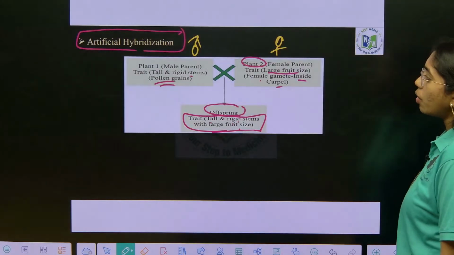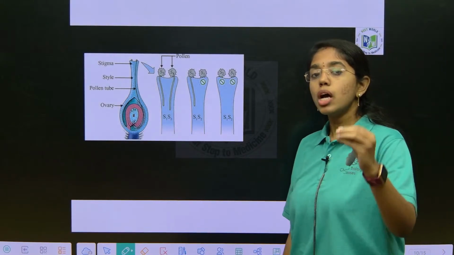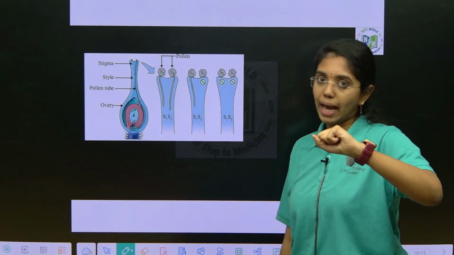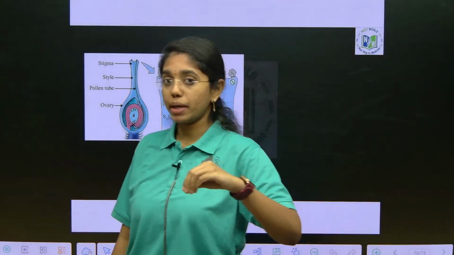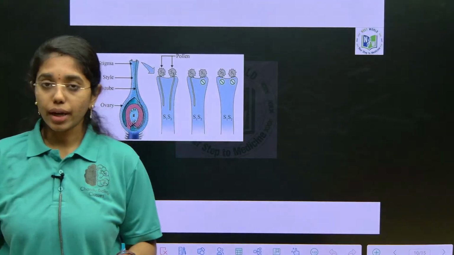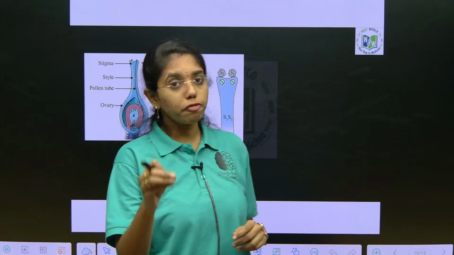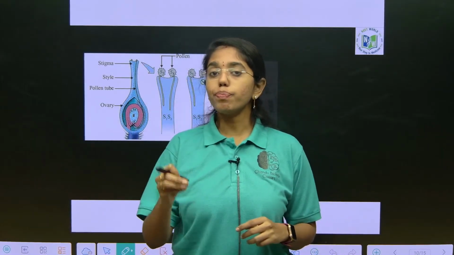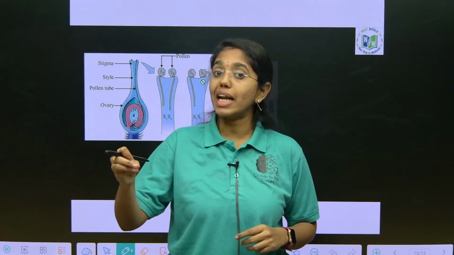Now, we will learn about pollen pistil interaction. How pollen grains land onto the stigma, what happens? Compatible pollen grains landing onto the stigma, what will happen? Of course, we have learnt after microsporogenesis, when learning about the structure of pollen grain, that 60% of angiosperms release the pollen grain in two-celled condition.